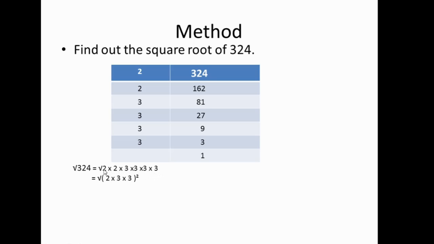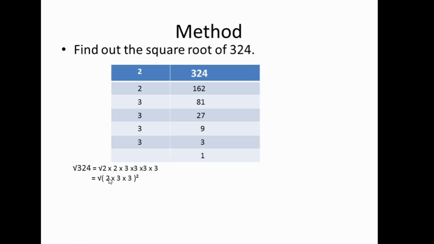First I have a pair of 2, then a pair of 3, and then a pair of 3 again. Now I will take one number from each pair. I take one 2 from this, one 3 from this, and one 3 again from this pair. Now I take the sign along with this step.